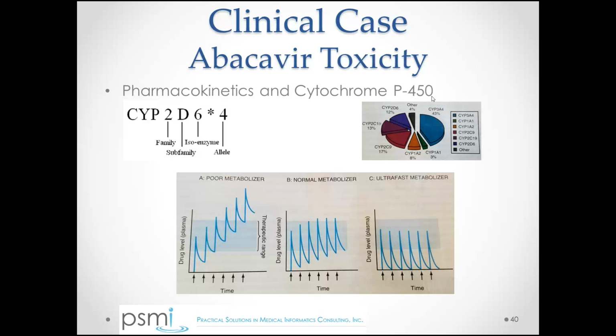The cytochrome P450 enzyme system is responsible for pharmacokinetics, and based on the particular variants that you have, you might see that the individual is a poor metabolizer of a given drug, a normal metabolizer, or an ultra-fast metabolizer.